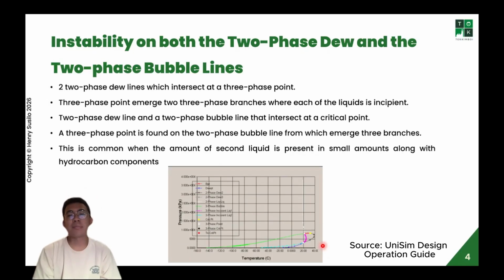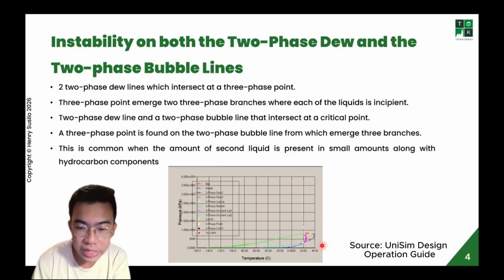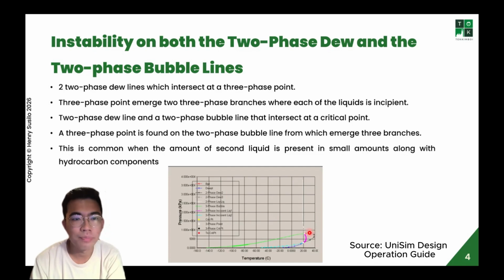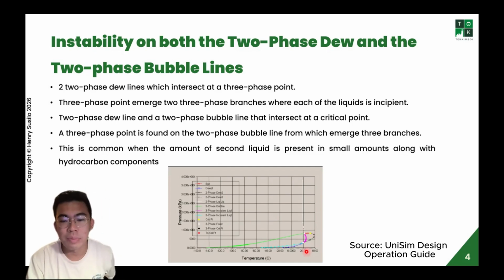The next one is instability on both the dew and the bubble lines. You could see here there are two two-phase dew lines. The first one is the blue line and the second one is the black line, and they intersect with the bubble line, and this intersection is the critical point. The next one is about the three-phase points, where in this case there are 2 points.